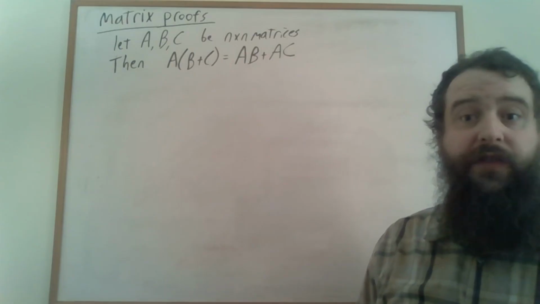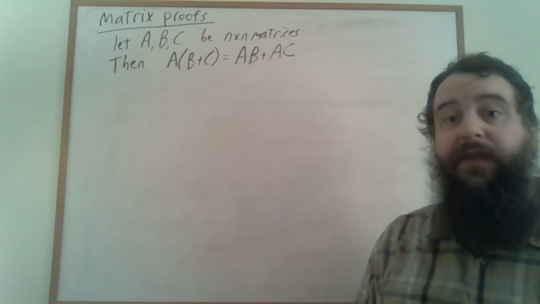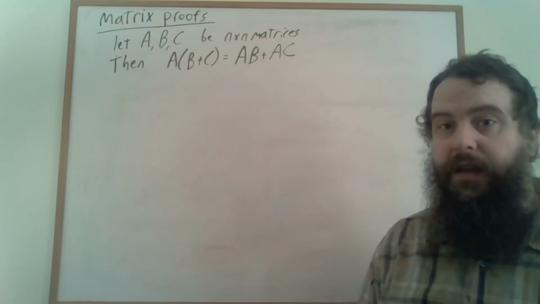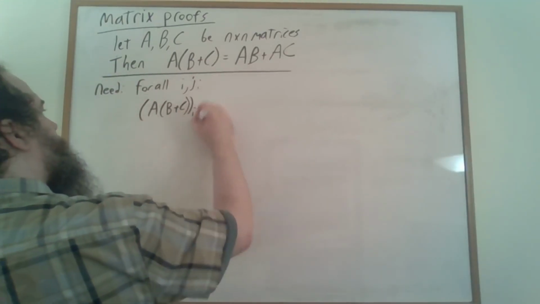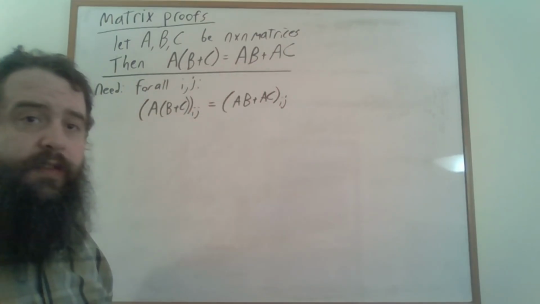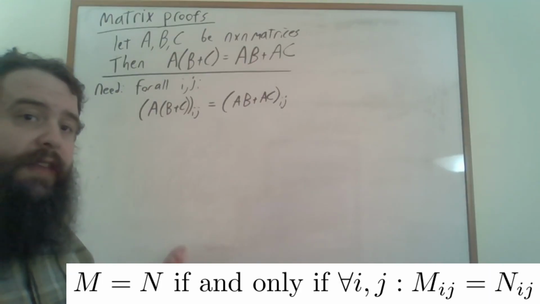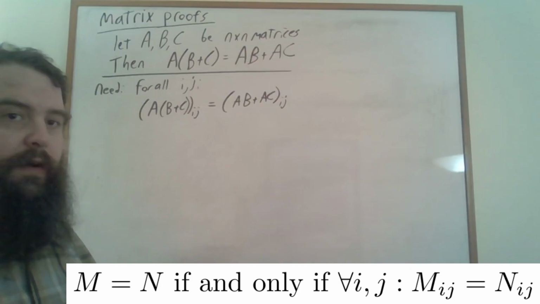Well, how do we show that two matrices are equal to each other? What's the definition of matrix equality? So we need to show that these two matrices are equal to each other. How do we do that? What does that mean? Well, that just means that all of the elements of the matrices are equal to each other.